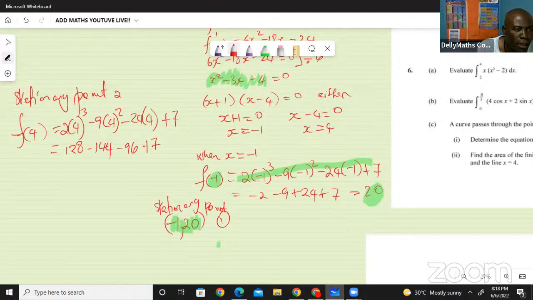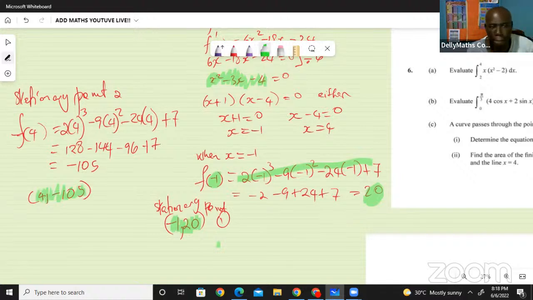Plus 7. So those numbers look okay. Double check with me. I'm getting a big number here, negative 105, and I believe it is correct. So the other stationary point is 4, negative 105. And that's the approach for them.